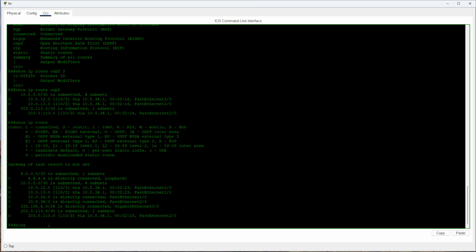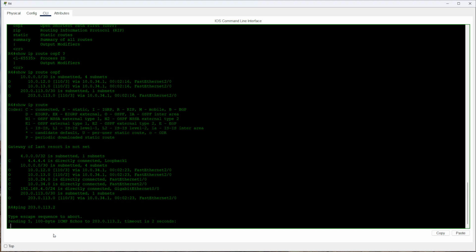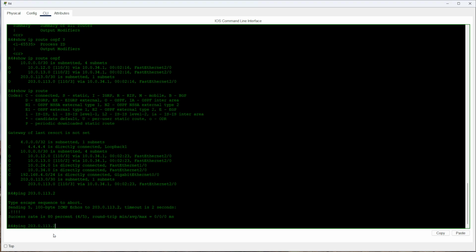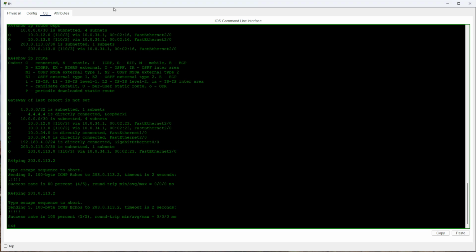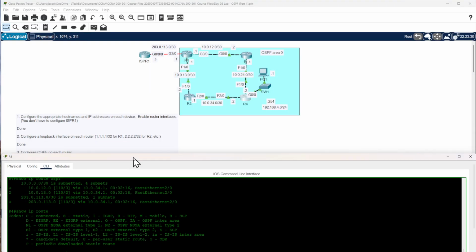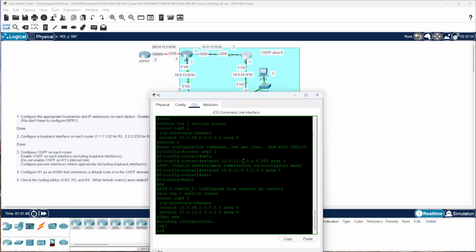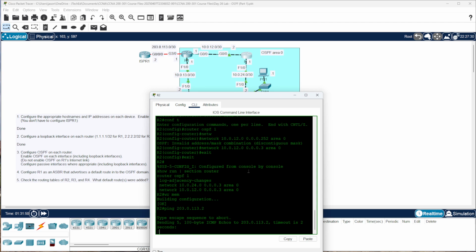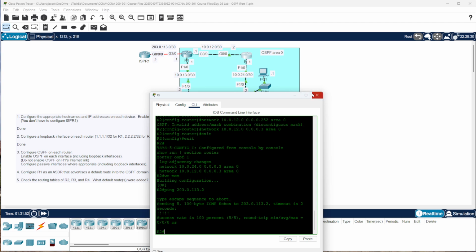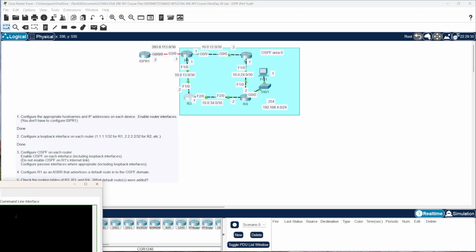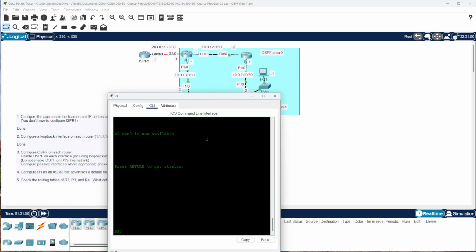I don't even remember which router this is, but hey, we can. Which router am I on? So it seems like maybe we are somewhat working. Yeah, we're getting pings. We're pinging around.